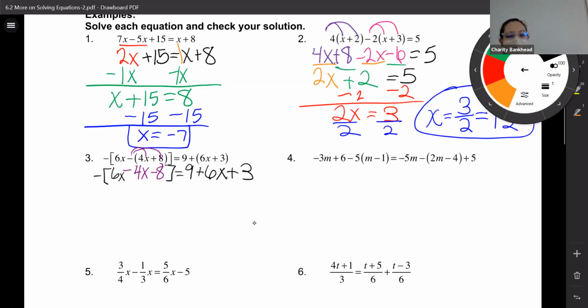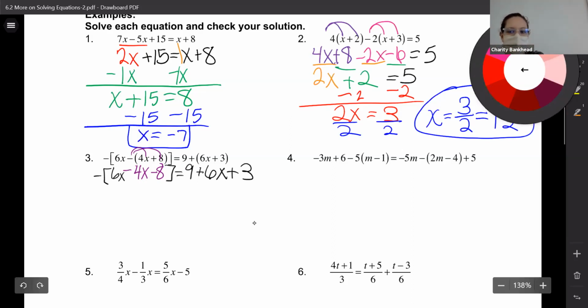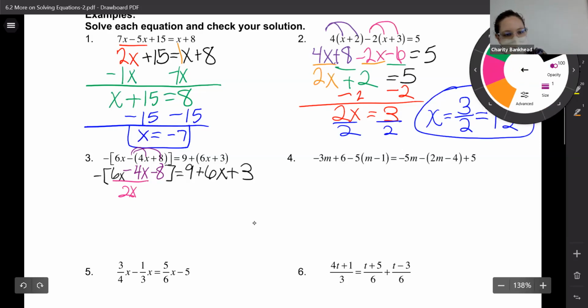All right. Looking back at the left side of the equation, inside the brackets, I still need to combine the like terms. 6x minus 4x would equal 2x. And then I'm just going to bring down the minus 8 as well as the brackets with a negative in front of them, equals.